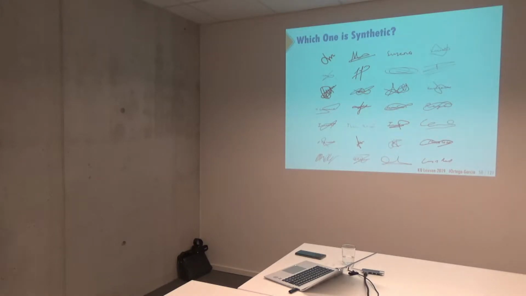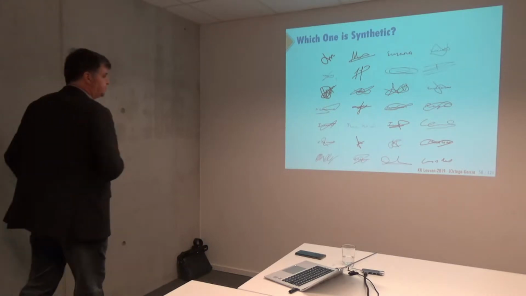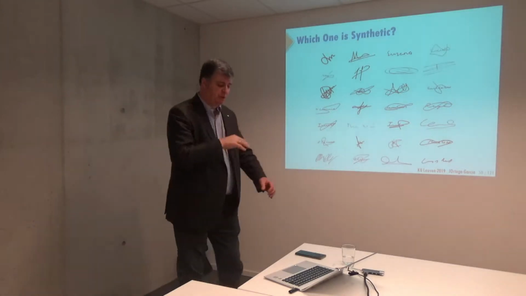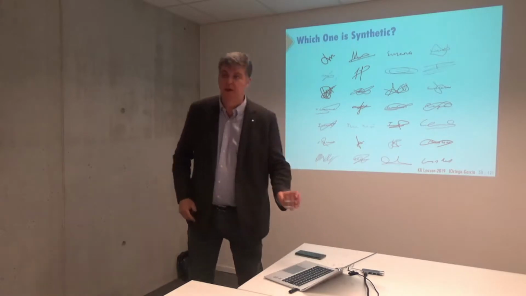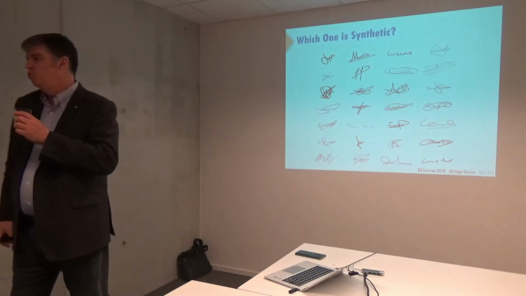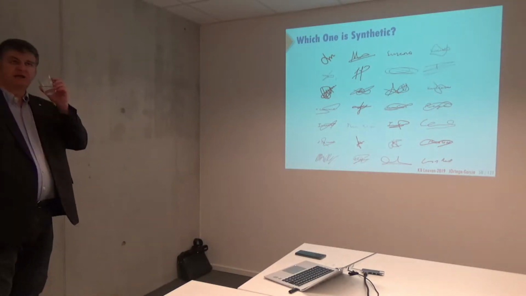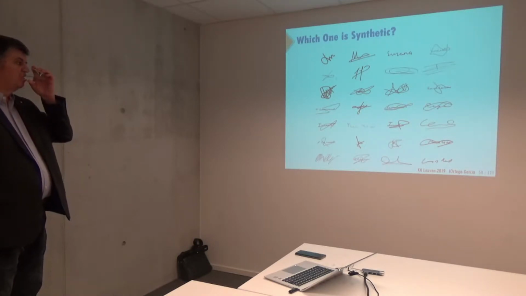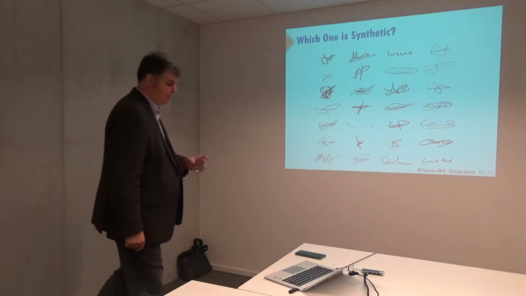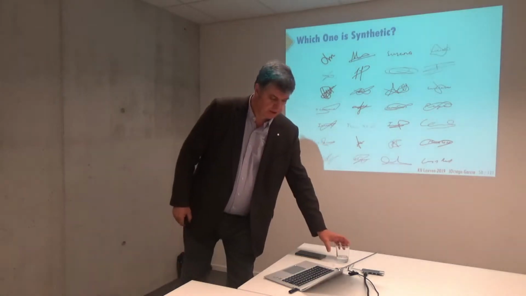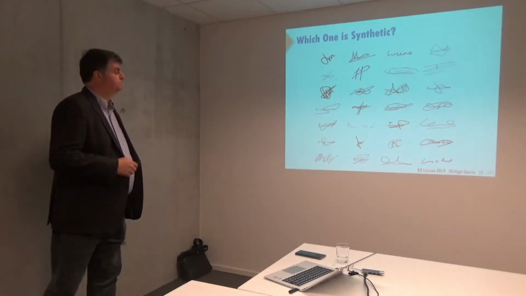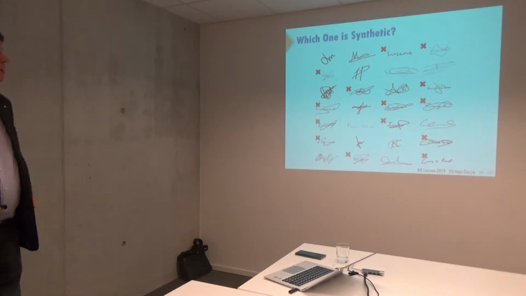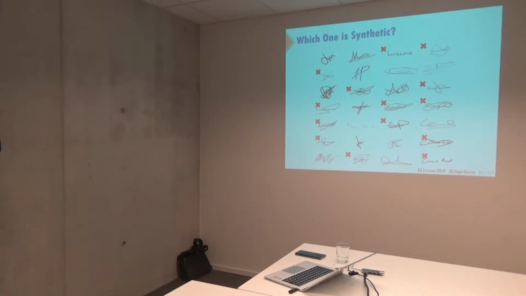Which of these is synthetic? Can you guess that? Using this approach, the sigma log normal approach, can you know which of these is synthetic and which is the actual real one? All those are synthetic.